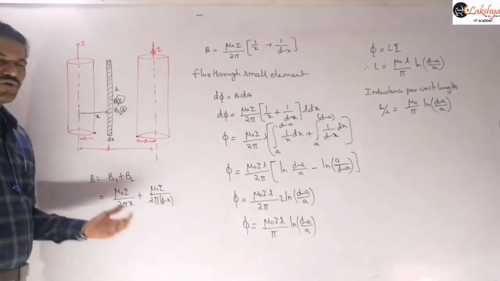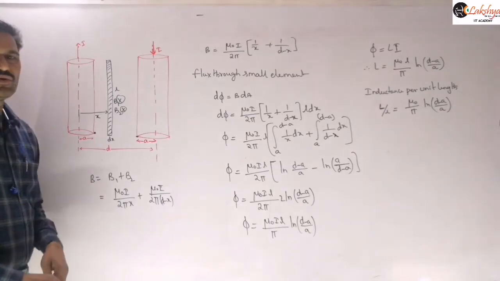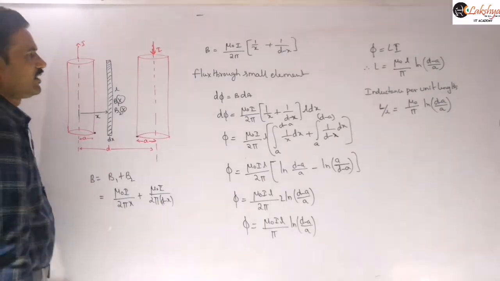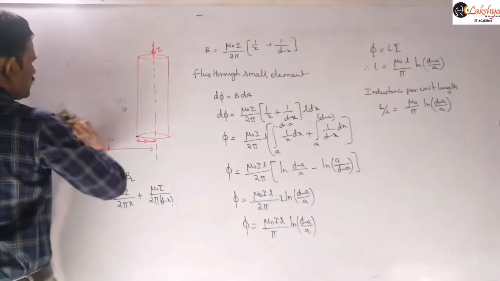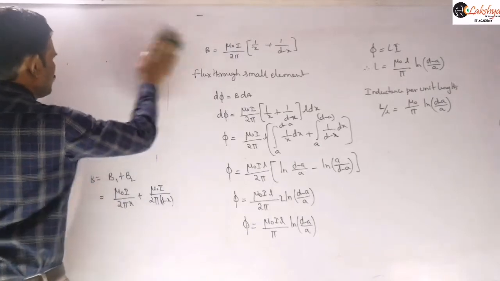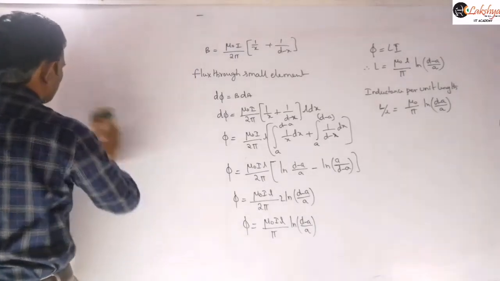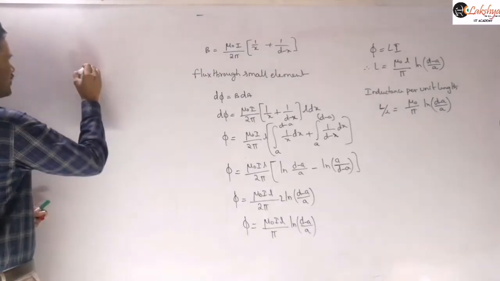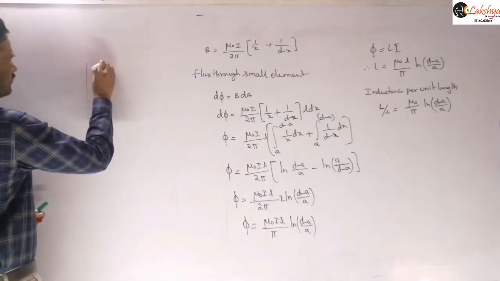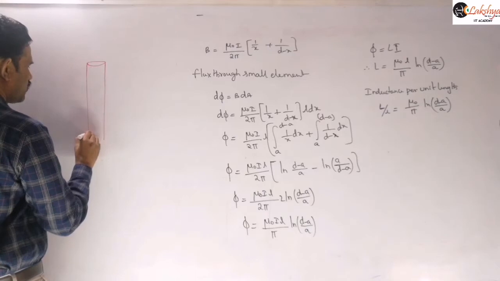Next, I can say they will ask about a coaxial cable, which is nothing but two cylindrical shells. Let us consider the next problem: two cylindrical concentric shells carrying current in opposite directions. Sometimes they will mention it as a coaxial cable.